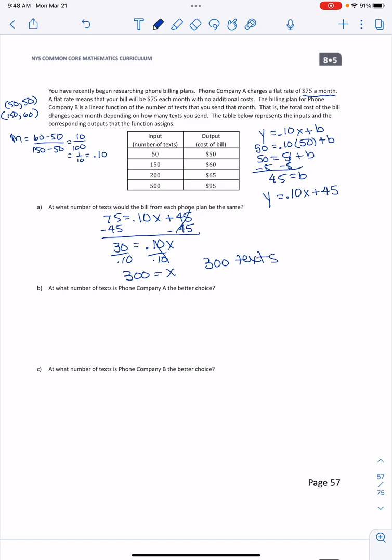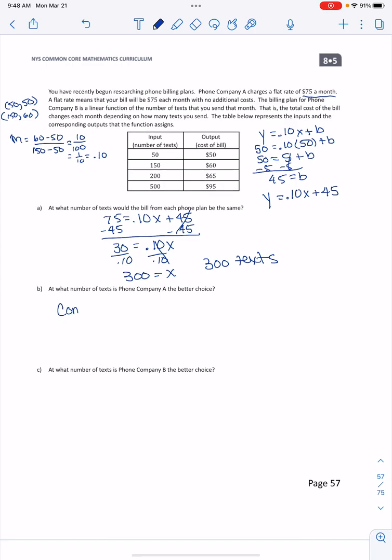So now it says at what number of texts is Company A the better choice? Company A is the better choice for more than 300.